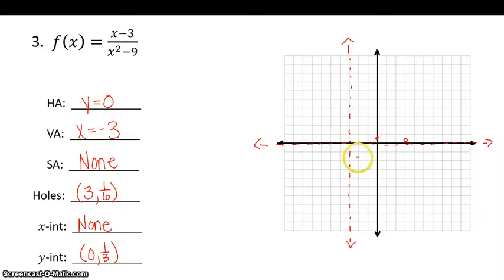Now, typically, I just have you do 2 values over here: 2 on this side of the vertical asymptote and 2 on this side of the vertical asymptote. So you actually already have that satisfied here. Then you just need to draw curves so that they kind of level out. Make sure you don't put your line through that.